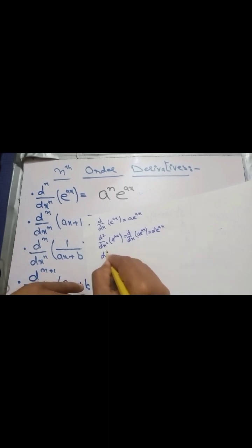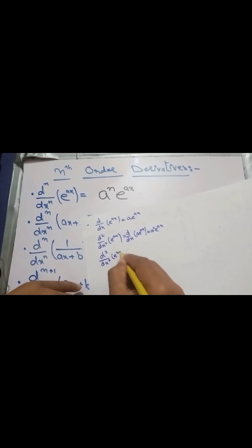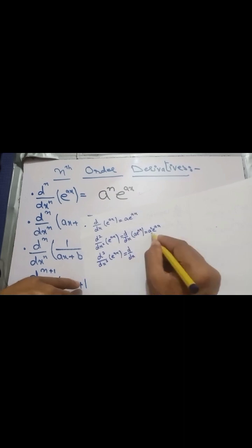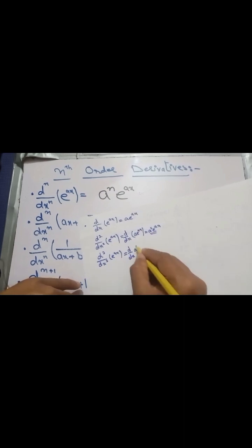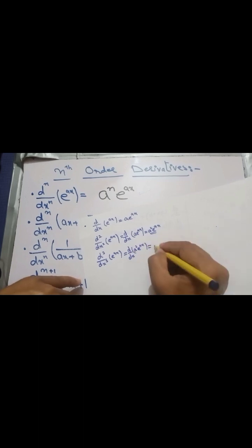And if we take the third derivative, we can see that the derivative of a square e raised to power ax will be a cube e raised to power ax.